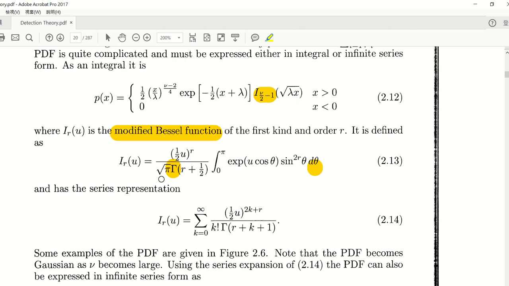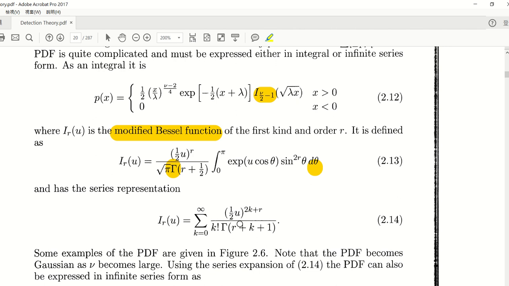It's sort of like a series expansion to represent the function. So let's see, this is a function of u, and it could be represented by this series.